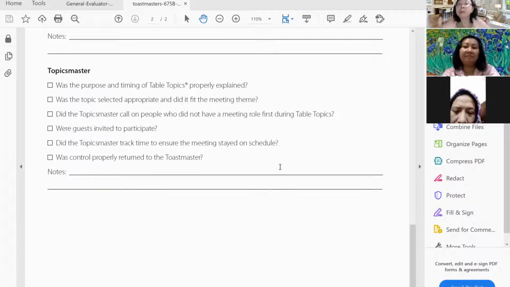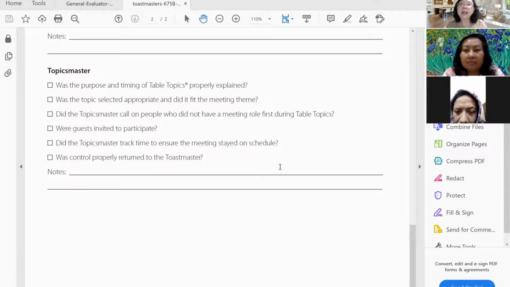If the topic master is not doing that, maybe you can give a suggestion that in the future, the table topic master is suggested to call a Toastmaster or someone who has delivered table topics speeches before, so that the guests know what to do, what to speak, and they are prepared for what to expect. Because I think a new table topic master is probably not aware.